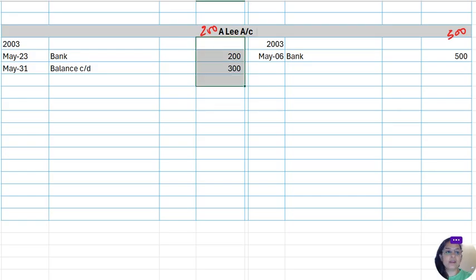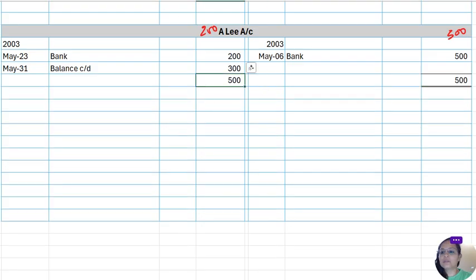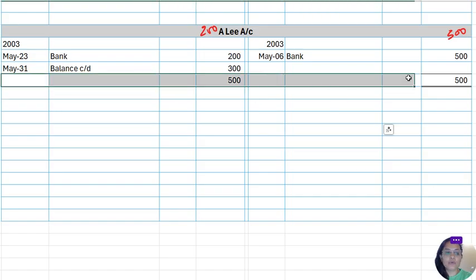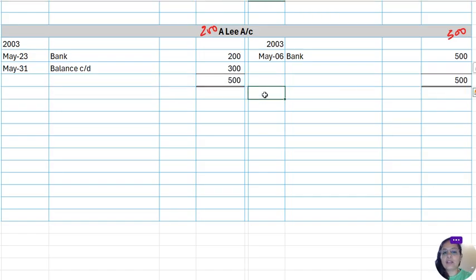When you add both sides, you will get the total 500 going across in the same row, and you bring down now your balance on the opposite side, which is the credit side. Your balance brought down of 300.